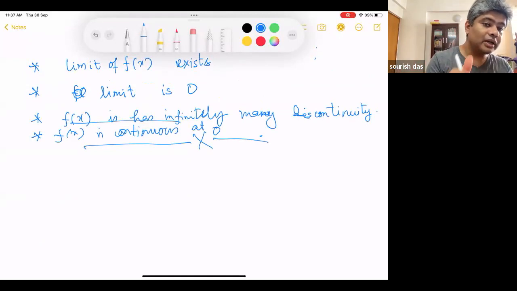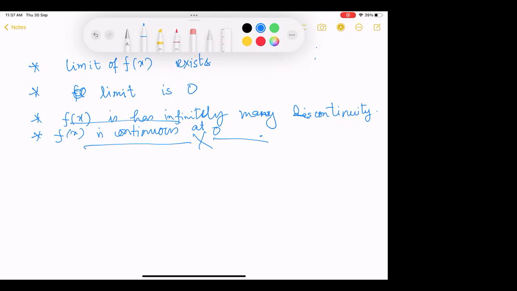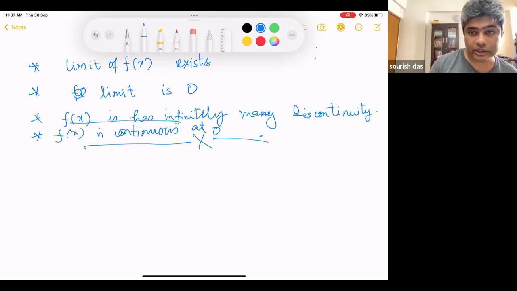The limit at 0 does exist. So there are a lot of contradictions, but it's still a very fine, interesting problem. Also, sir, saying the limit of f of x exists at 0 could be better, I guess. Yeah, that's true.